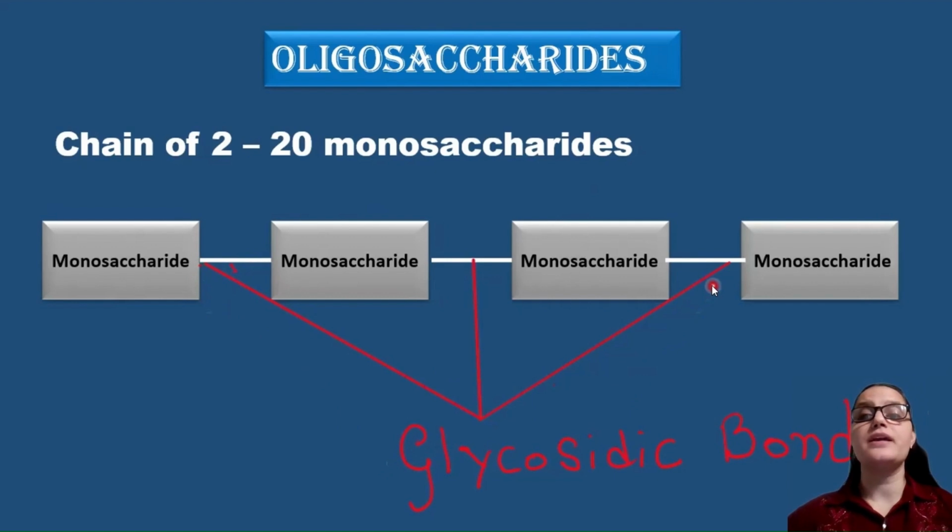Certainly, it is not a simple line between two monosaccharide units. We need to know how this bond is formed between two independent monosaccharides and why it is formed. So to know all the details, again, we will have to step into the realm of chemistry. So let's do that and try to understand this.